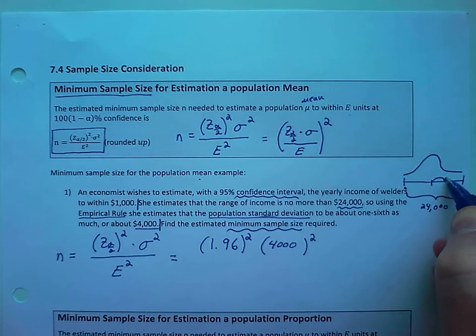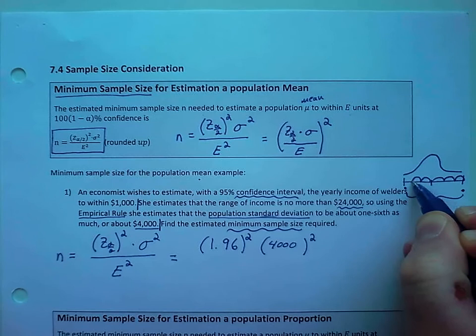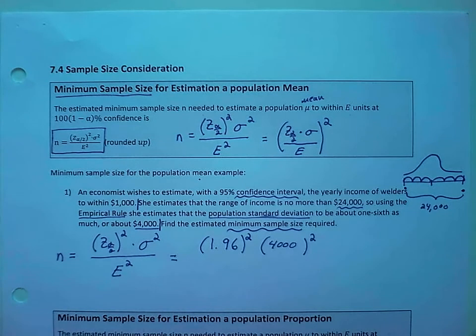So if we go 3 standard deviations above and 3 below, we're going to have approximately 99.7% of the salaries within that range.